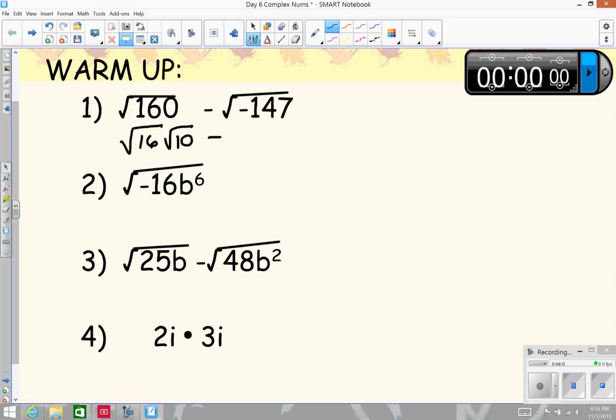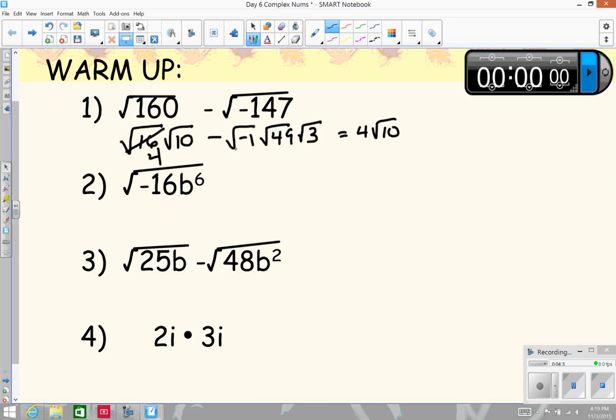And I'm going to subtract from that, simplifying this radical negative 147. I want to write that as a radical negative 1. And then hopefully you were able to find that if I multiply 49 times 3, that will give us the radical 147. So I'm just going to simplify this. This radical 16 becomes a 4, and I get 4 radical 10.